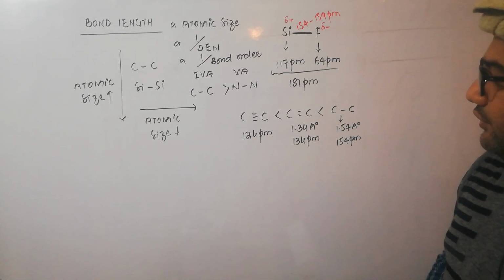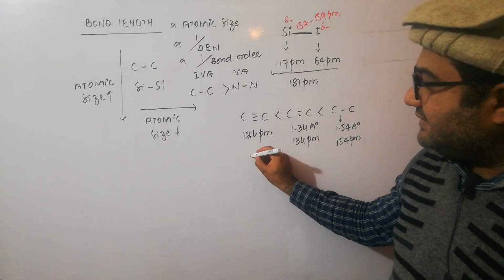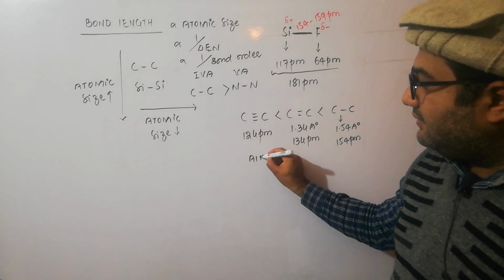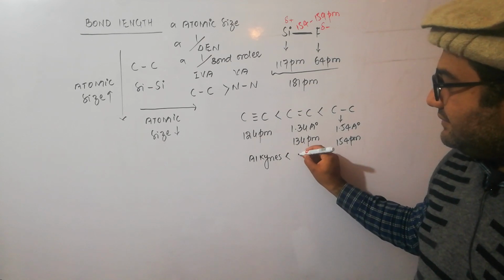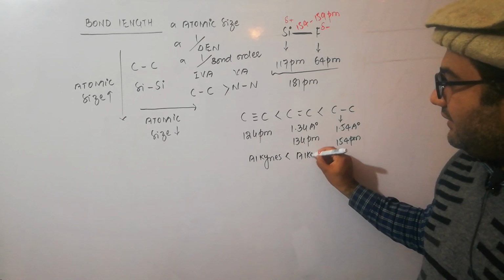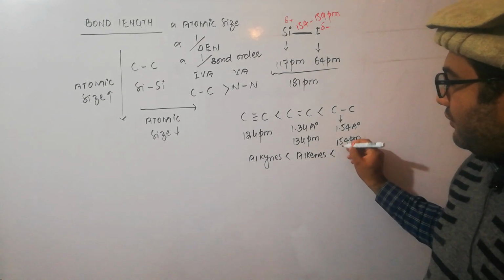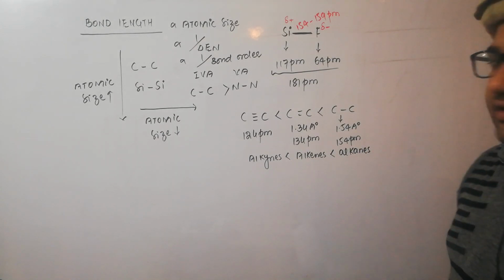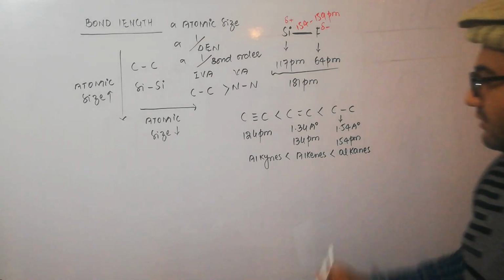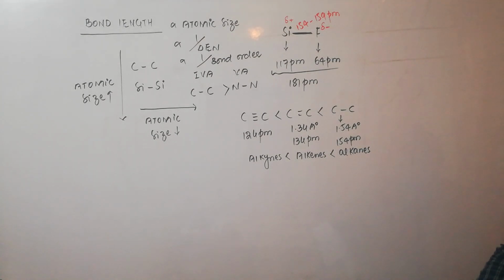That's why when we talk about the alkynes, alkenes and alkanes, the bond length in alkynes is shortest, then alkenes, and the bond length in alkanes is longest or highest. So this one is the order of the bond length in the alkynes, alkenes, and alkanes.